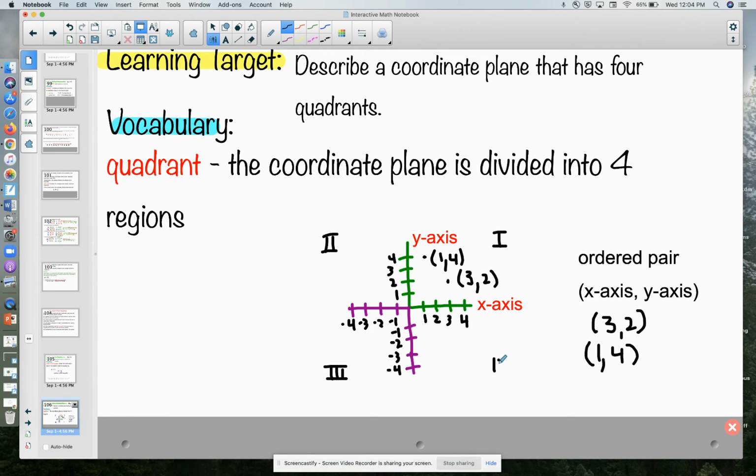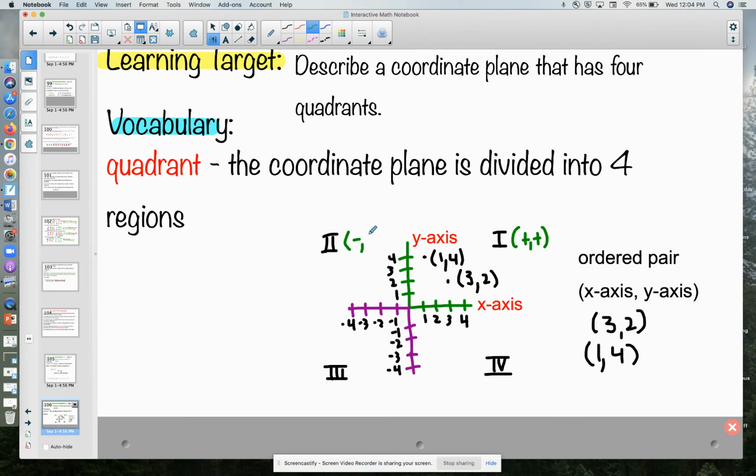And then a little cheat sheet tells us that quadrant 1 will always have positive, positive. These are positive signs, not T's. So you look: positive 1, positive 4, positive 3, positive 2. Because positive, positive.